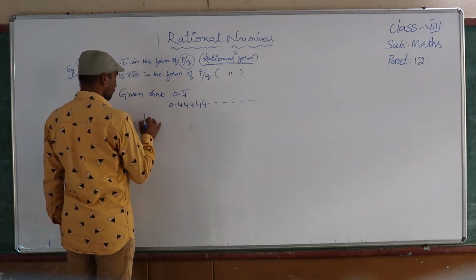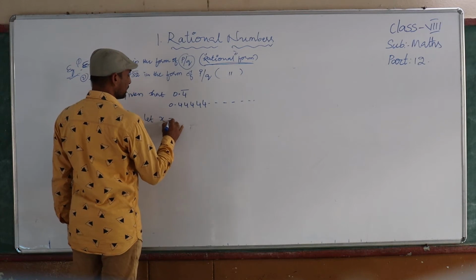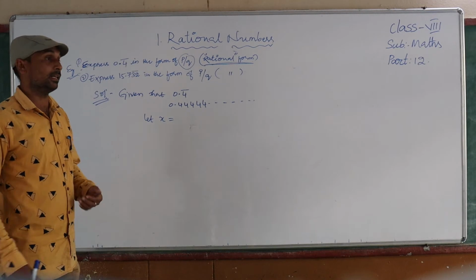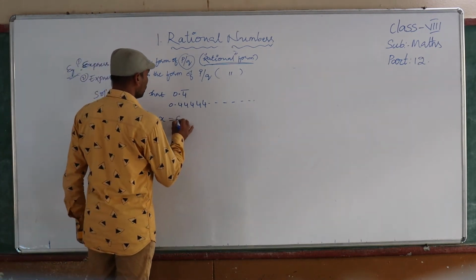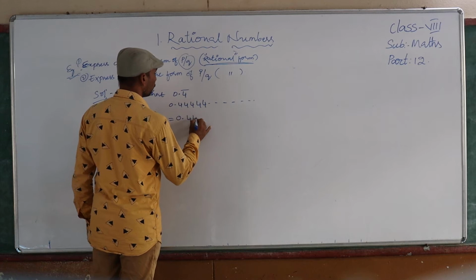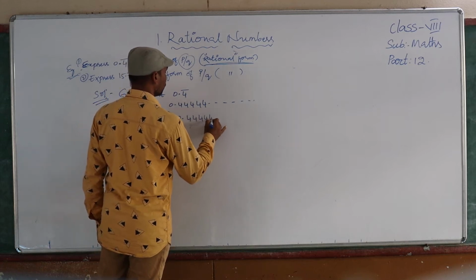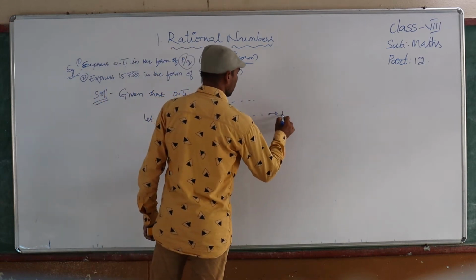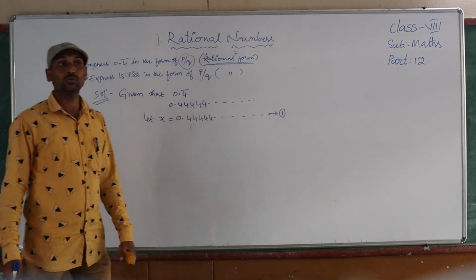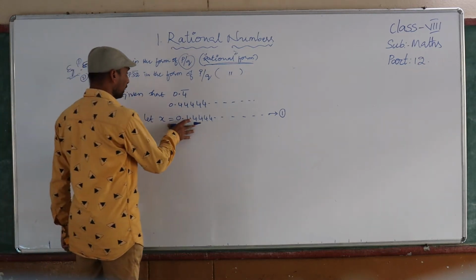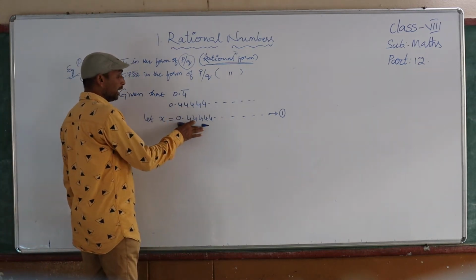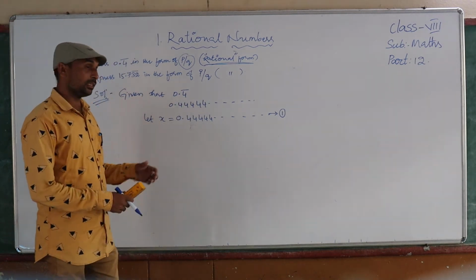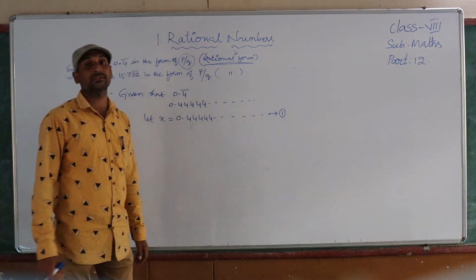So x is equal to 0.4444 and so on. Take this as equation number 1, the first equation.